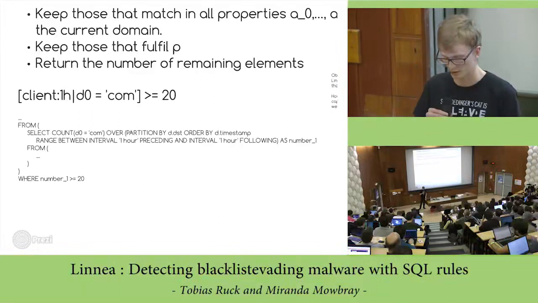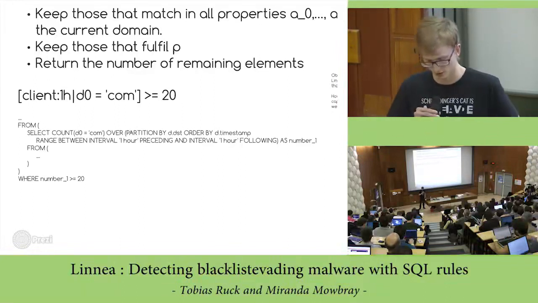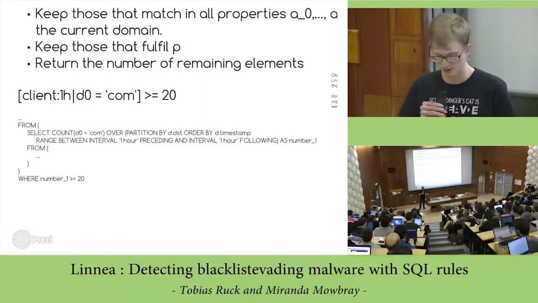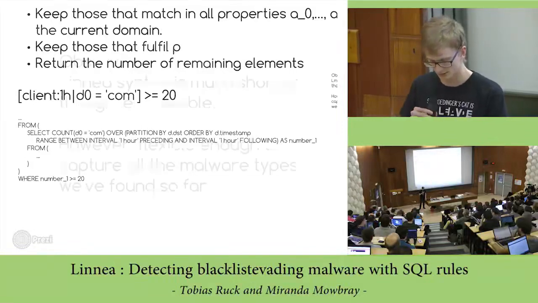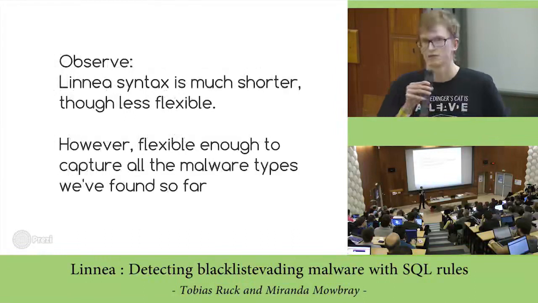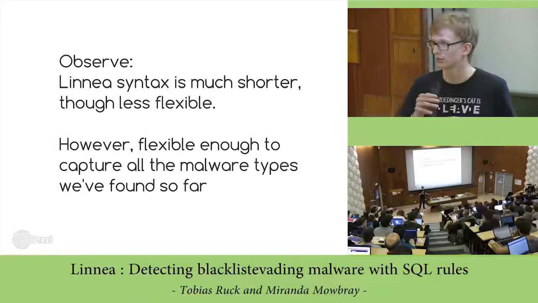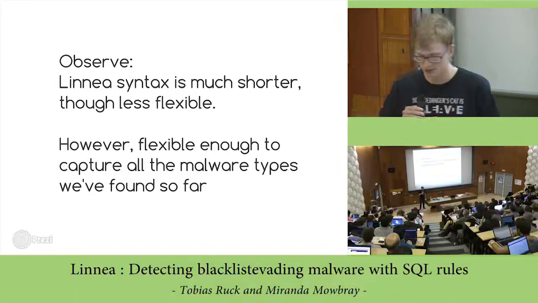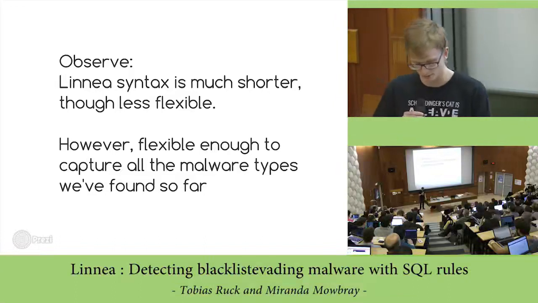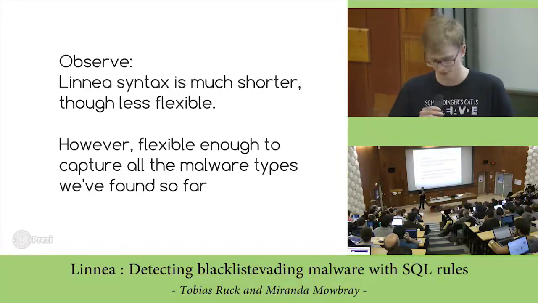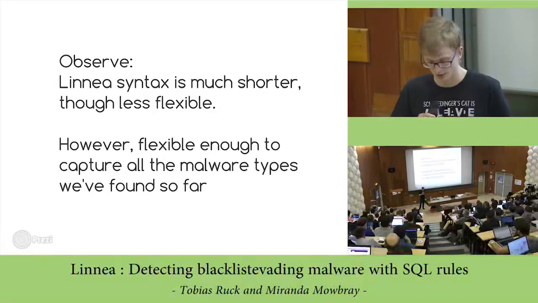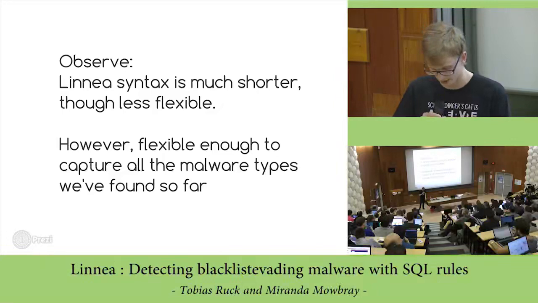And yeah, you can look up the specification of the count over syntax, but it's essentially exactly the same thing. And generally, we can observe that the linear syntax is way shorter than SQL, although it's a bit less flexible. However, what we found out is that it's flexible enough to capture all the malware types that we've found so far.